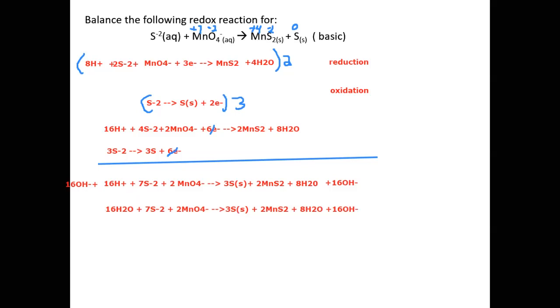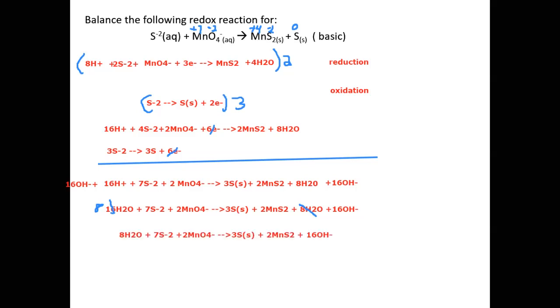So now this 8 will cancel out and this will reduce back down to 8. And so finally, sorry this was a little bit longer than I anticipated, 8 H2O plus 7 S2 minus plus 2 MnO4 minus equals 3S solid plus 2 MnS2 plus 16 OH minus.